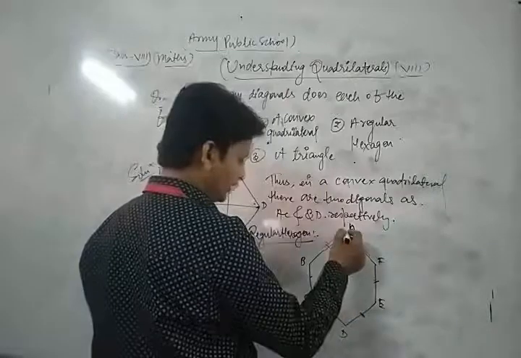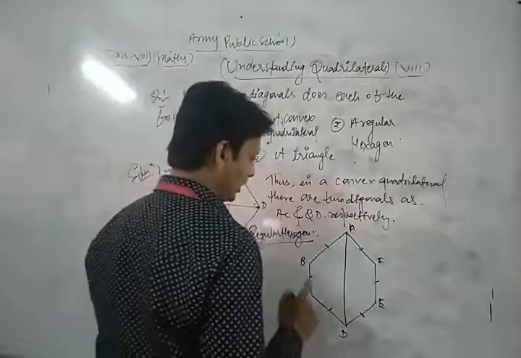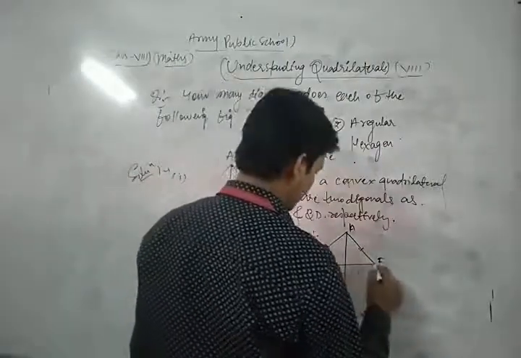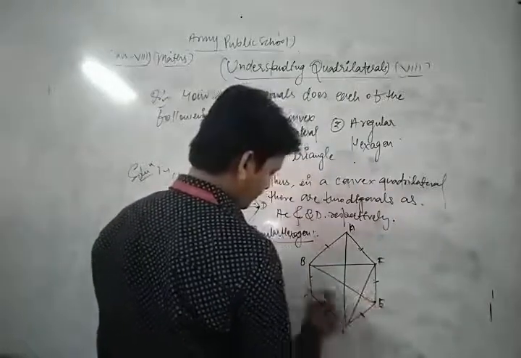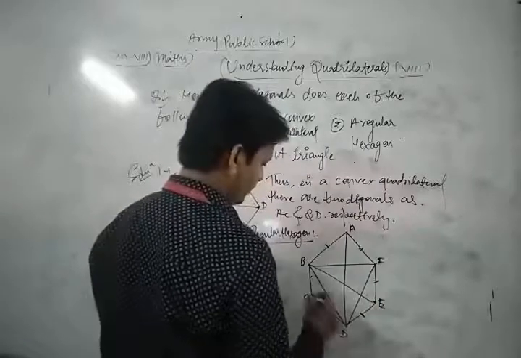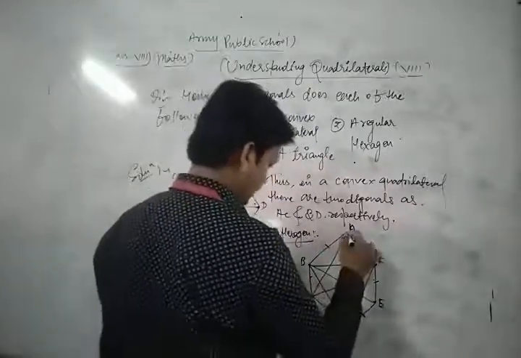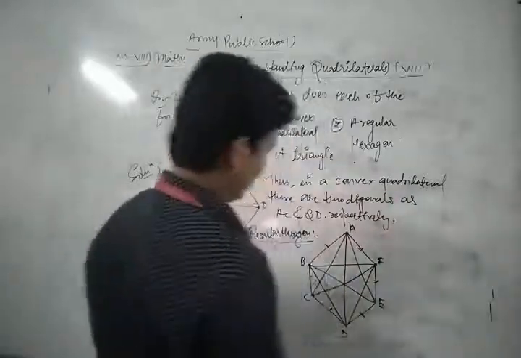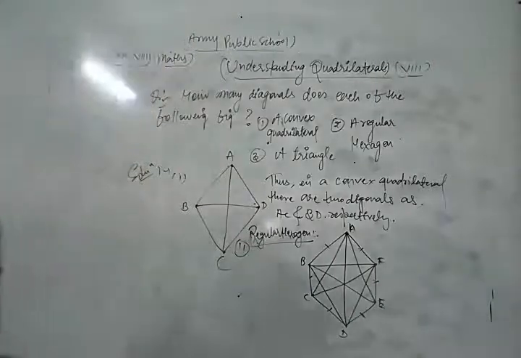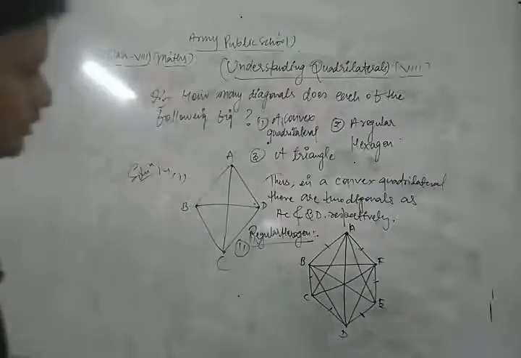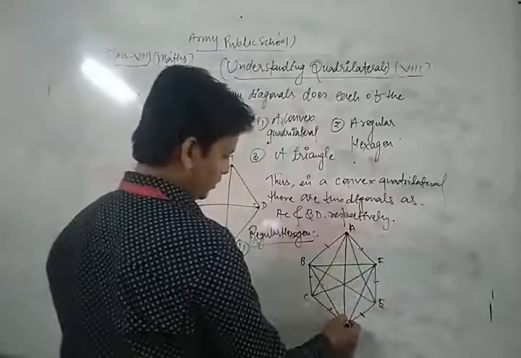The line joining the vertices of a polygon is known as a diagonal. This is 1, this is 2, this is 3, this is 4, this is 5, this is 6, this is 7, this is 8. Let's see once more. This is 1.